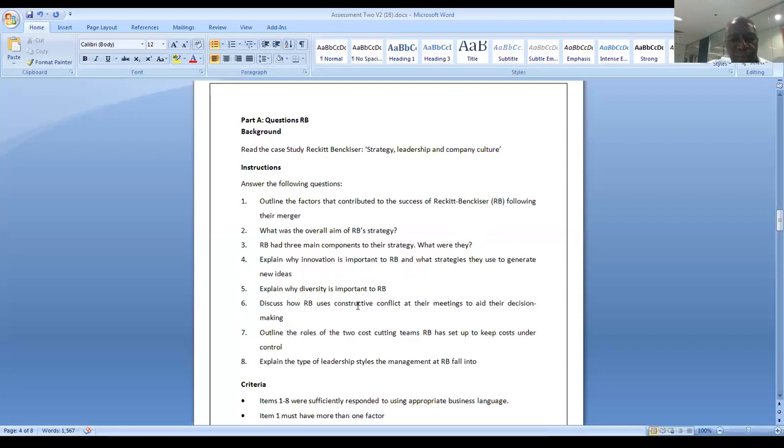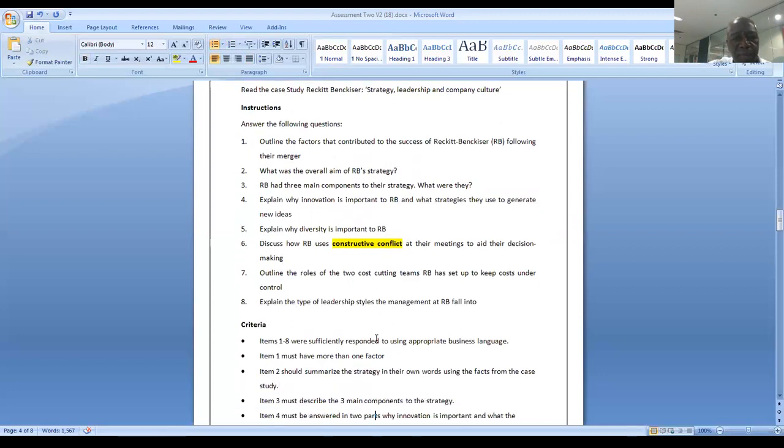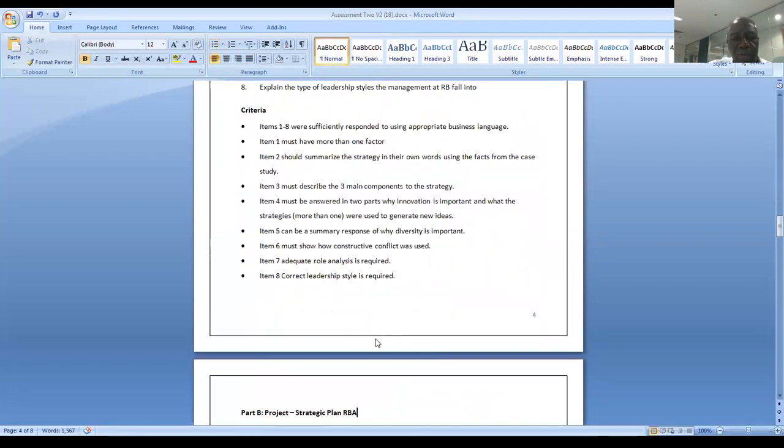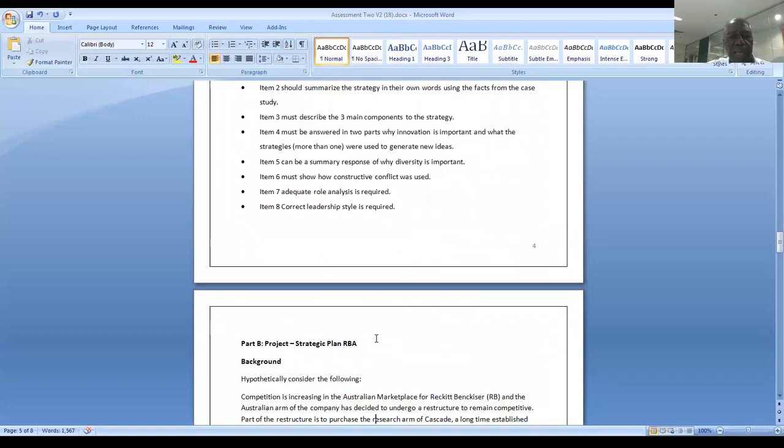Explain why diversity is important. Discuss how RB uses constructive conflict. It's a very interesting concept, which they have used to the benefit of the organization. So I really recommend that you get on board with this case study, read it, and take some of these ideas in there to make them your own.